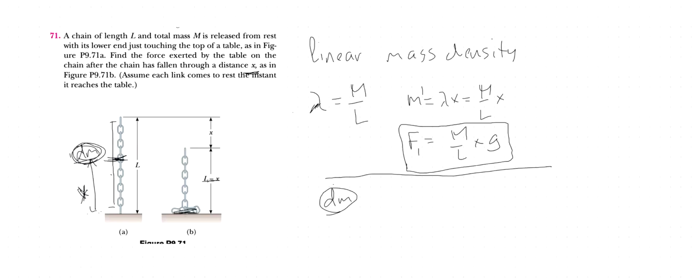So its gravitational potential energy at the start is dm times g times x, which also means that when it falls down to the table, right before it hits, it's going to have a kinetic energy of dm over 2 times v squared.